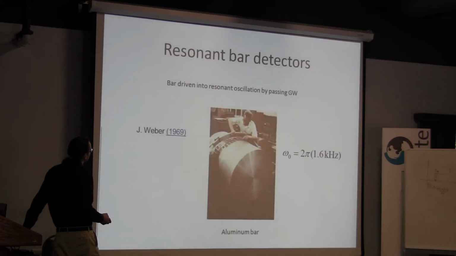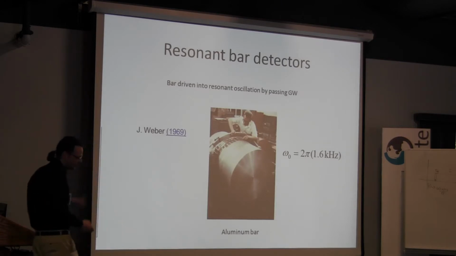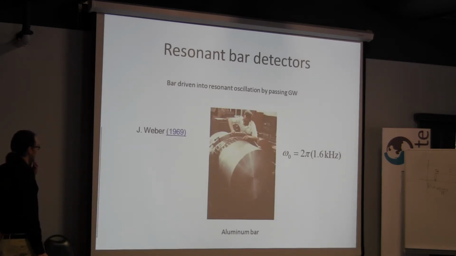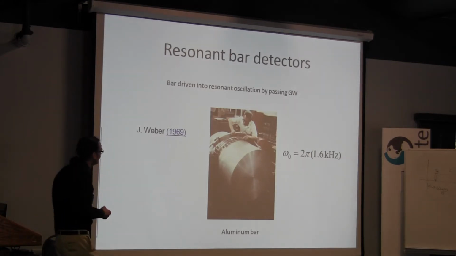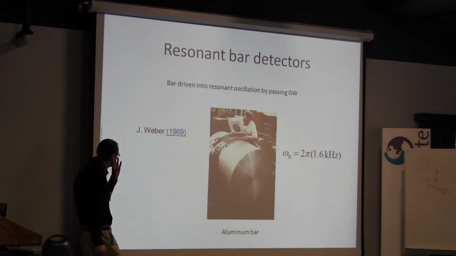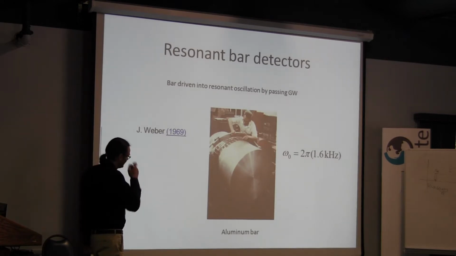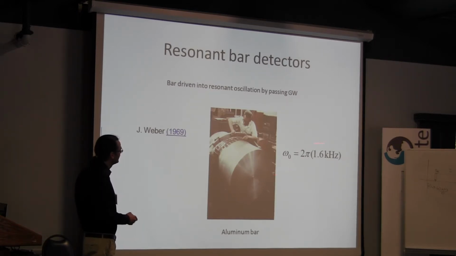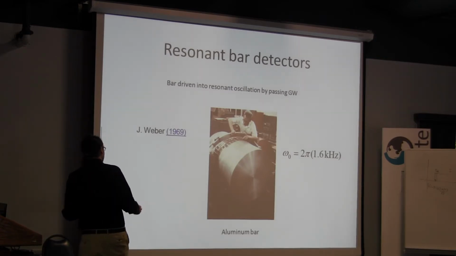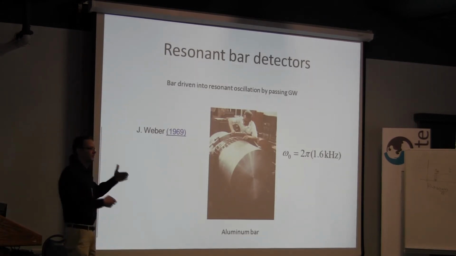Now there are a couple of different types of detectors that people are using around the world to look at these things. The first type of detector is the so-called resonant bar detector, or Weber bar detector, after Joe Weber. When the gravitational wave comes by, this thing basically rings like a bell.